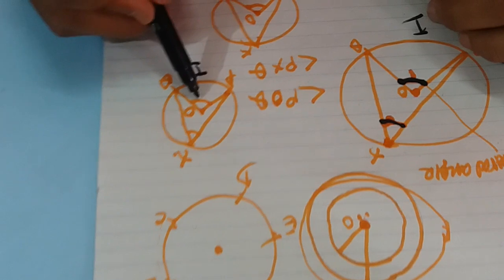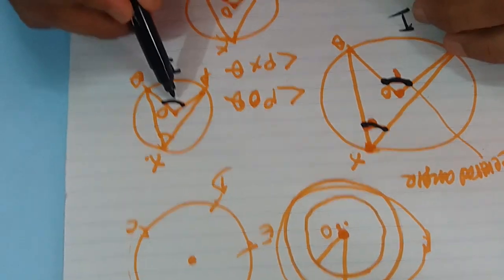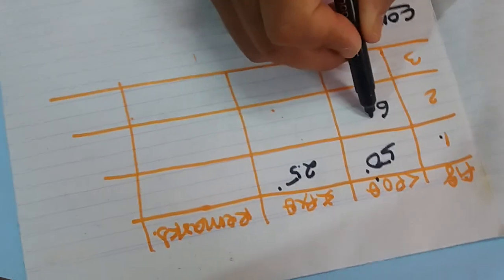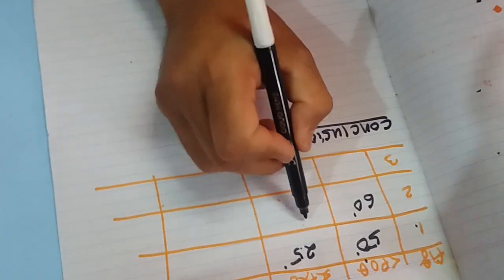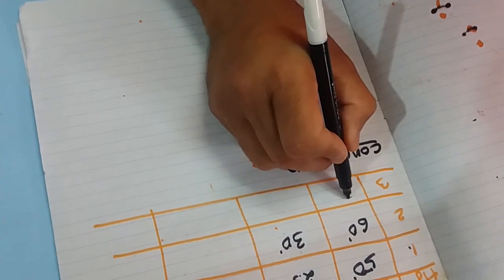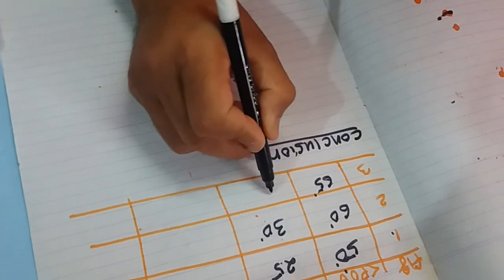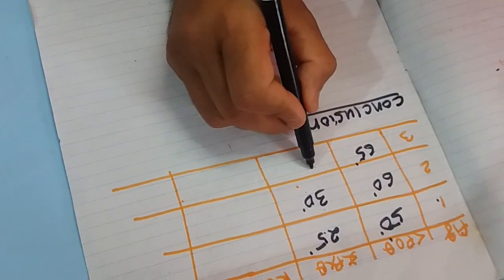Similarly in the second figure I measured the central angle and found it is 60 degrees, and this inscribed angle I measured as 30 degrees. In figure 3 I found it is 65 degrees, and this inscribed angle I found is 32.5 degrees.